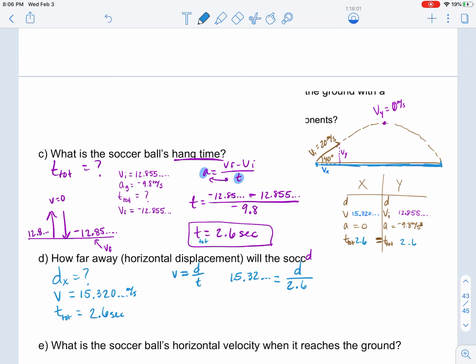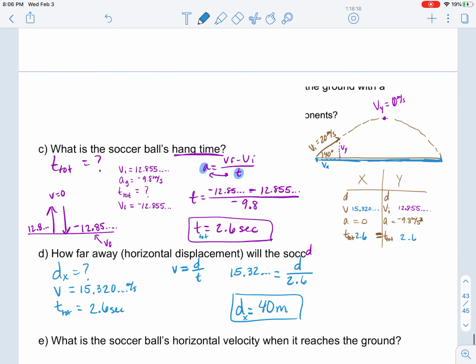Remember, we're multiplying both sides by time. So my D is going to come out to be 39.8-ish. So I'm going to round that off to 40 meters. And this is my displacement in the horizontal direction.